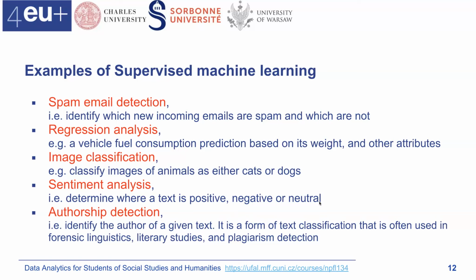The goal is to train a model to predict a numerical output based on the input characteristics. In our example, we predict vehicle fuel consumption based on its weight. But for sure, we can use other attributes to predict an output value, and it is related to the length of the vector using which we represent real-world objects.